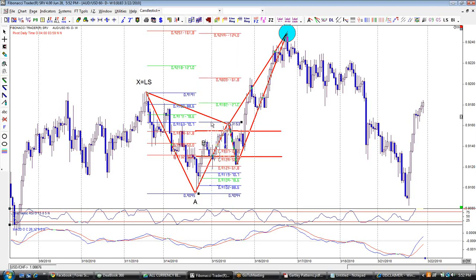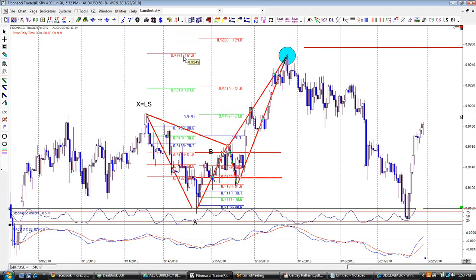Sometimes B can be maybe a little above, maybe a little below, but if B is way off that range, we won't get convergence anyways. If the B is somewhere at the 886 or 786, well, we won't have convergence at the 1618 in the first place.